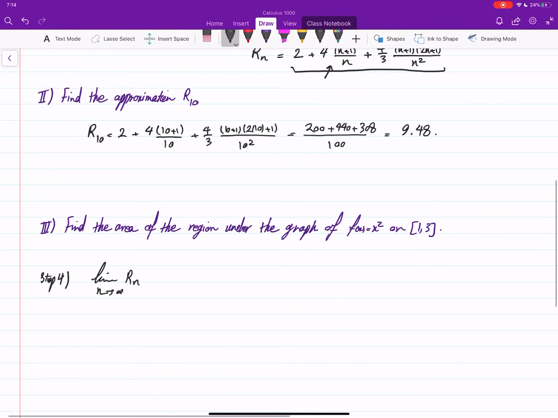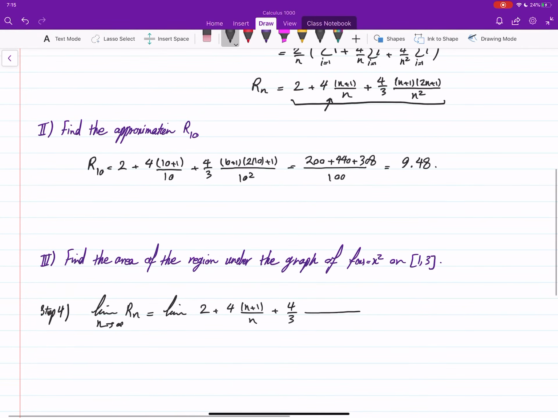And in this case, we have the limit of the formula 2 plus 4 times n plus 1 over n, plus 4 over 3. Let me expand this thing here. This will be 2n squared plus 3n plus 1 over n squared, as n goes to infinity.